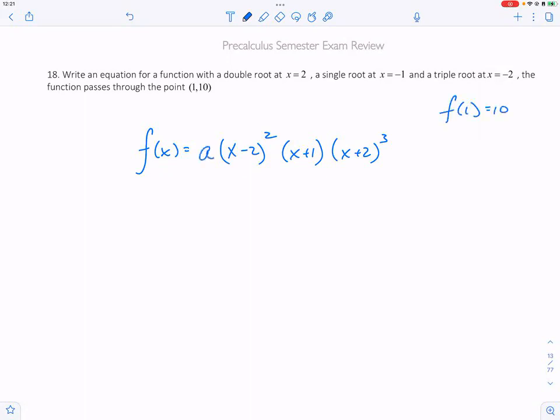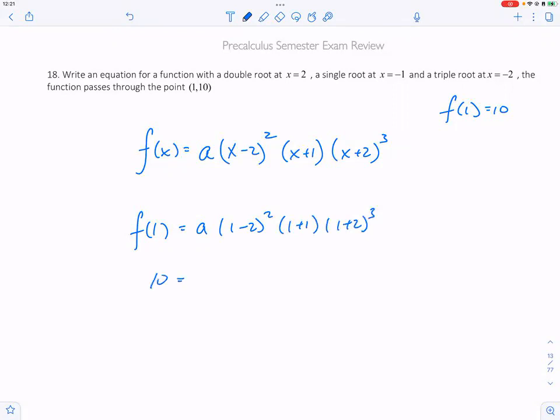That means you have a little a value you have to solve, just like the previous question, question 17. For question 17, we were given a graph, and now we are given some descriptions. So f of 1 is equal to a times (1 - 2) squared, (1 + 1), and (1 + 2) cubed.